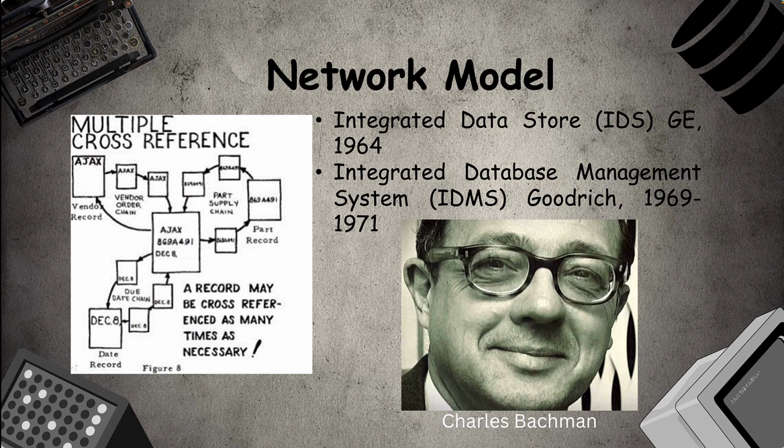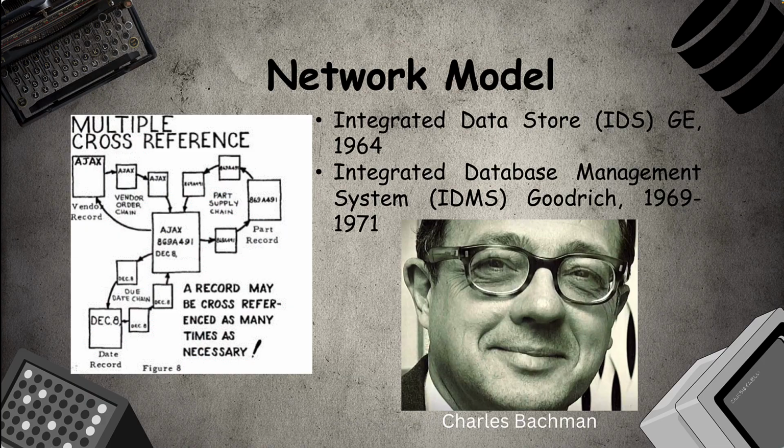The first network data model was the first to be implemented commercially, thanks to Charles Bachman and Homer Carley at GE in 1962. It was quite flexible and perfect for handling many-to-many relationships. One object could easily connect to several others.